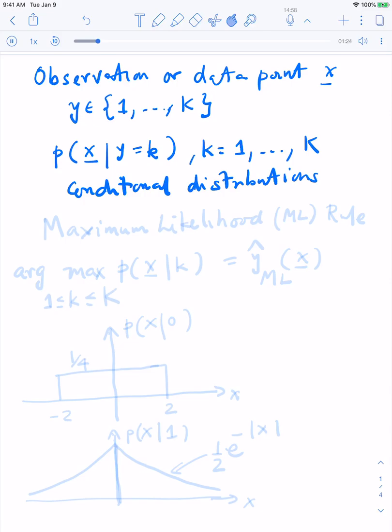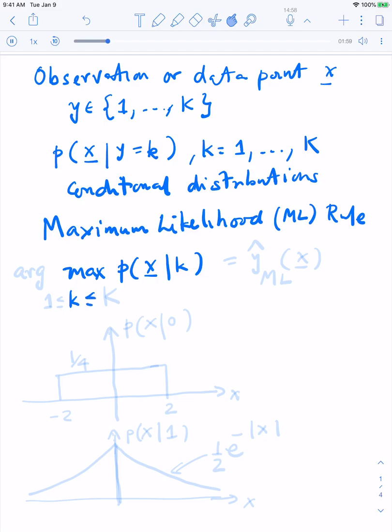If somebody is nice enough to give you these models, then there's a very sensible decision rule that you can come up with. The maximum likelihood rule, and we'll abbreviate this by ML as well, even though ML we also reserve for machine learning depending on the context. The maximum likelihood rule just says pick the max. Basically, pick the label that maximizes the conditional density.